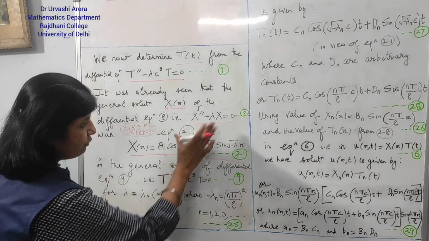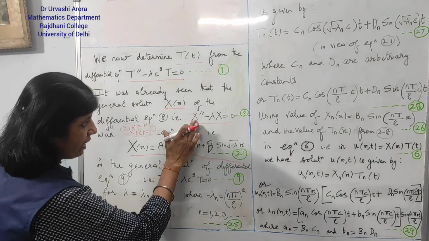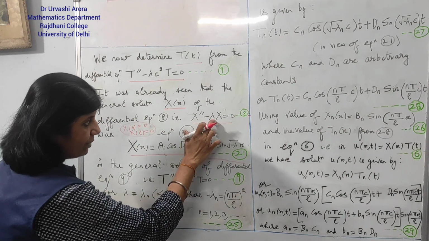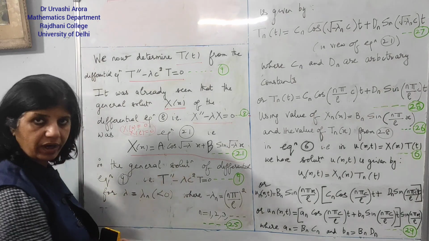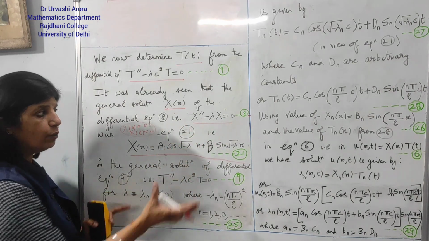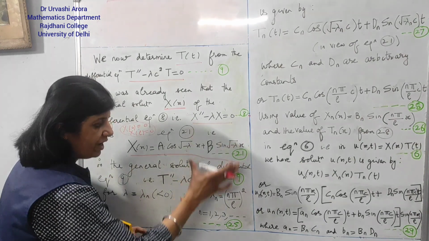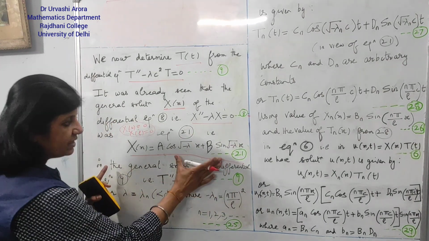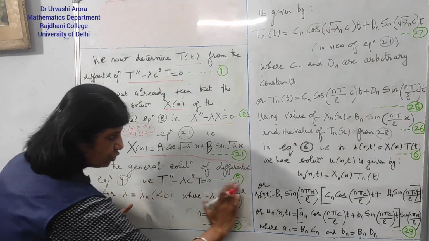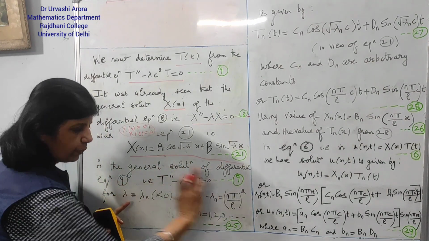The only difference between the two equations is that instead of capital X, here we have written capital T, and instead of lambda we have written lambda c square. Otherwise the form of equation 9 is just similar to the form of equation 8, which means that because the form of 8 and 9 are similar, you can use solution 21 for writing the solution of differential equation 9.